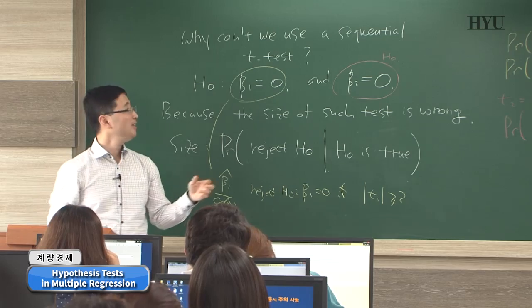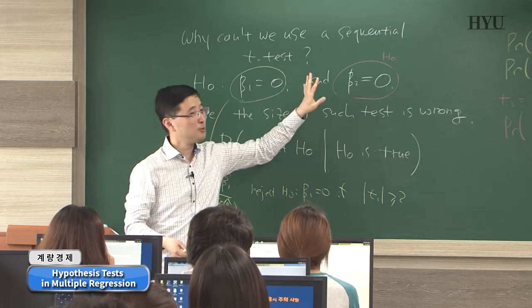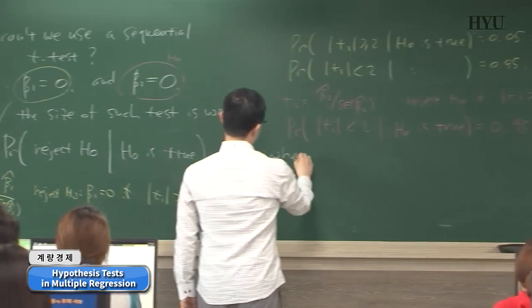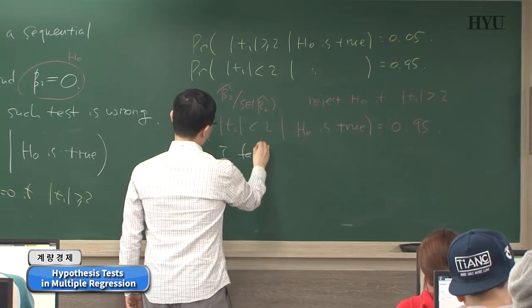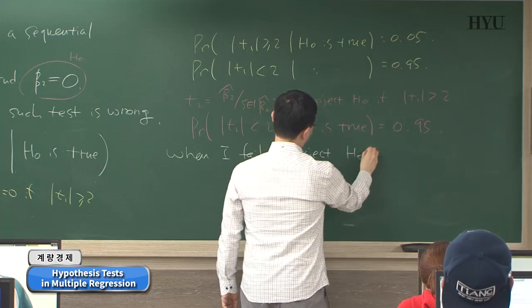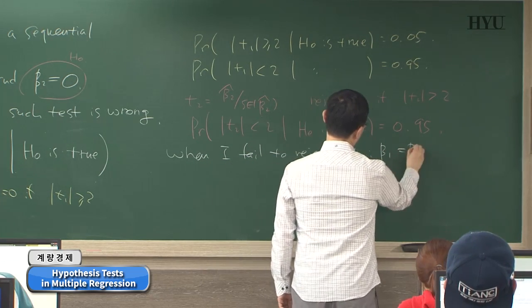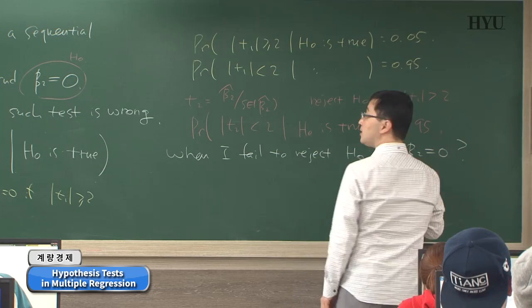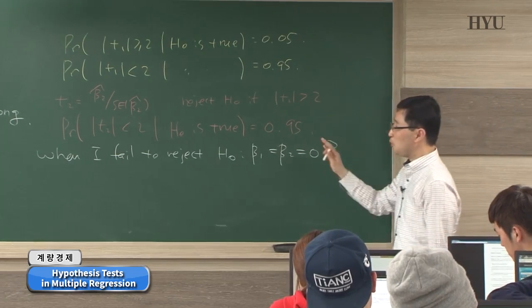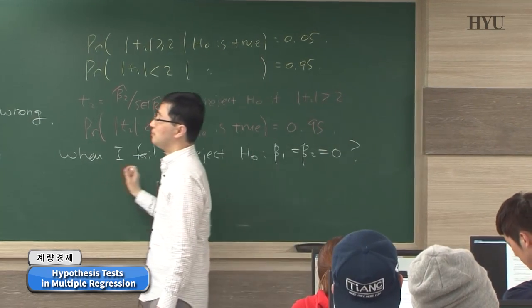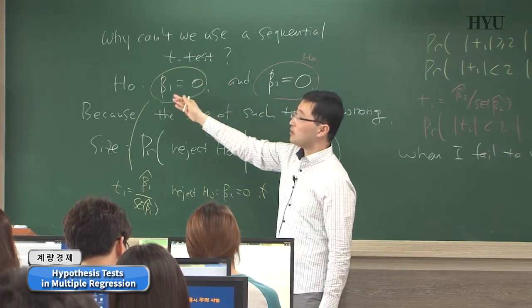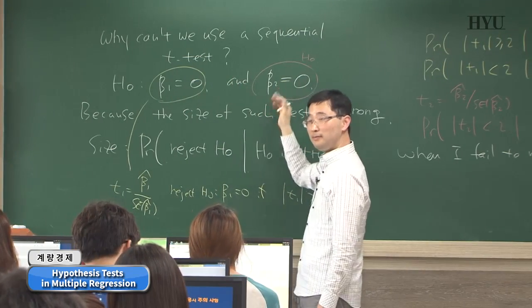So let me ask, when I fail to reject this joint hypothesis, that's easier to calculate because there's only one case to consider.